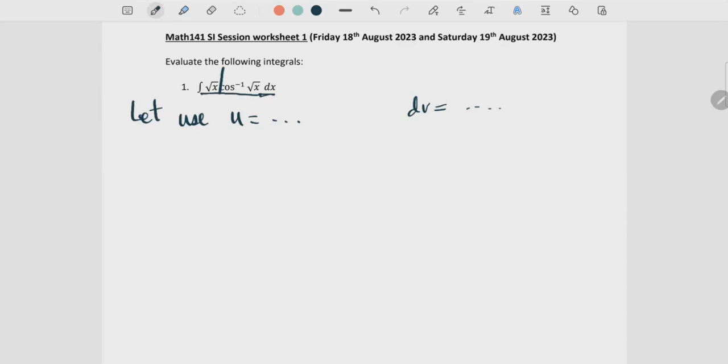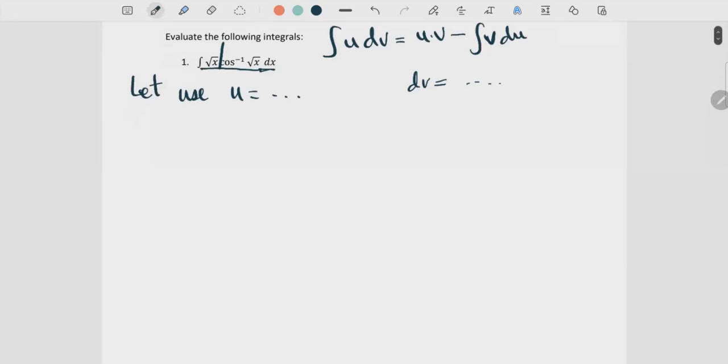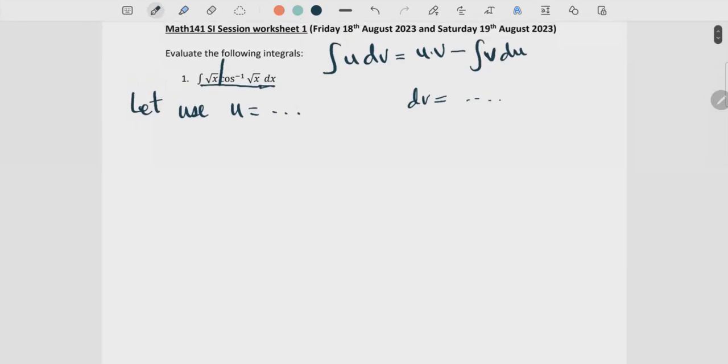Which one of these two functions do you think should be our u, and which one should be our dv? Remember that integration by parts tells us that when we have a function of this form, this is how we solve it. That's the formula. So which is our u and which one is our dv?